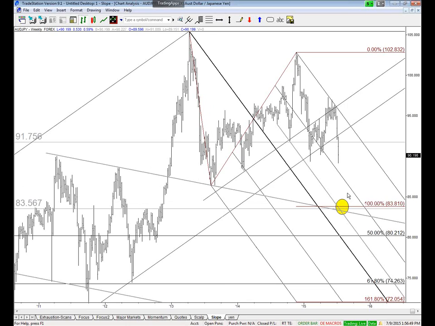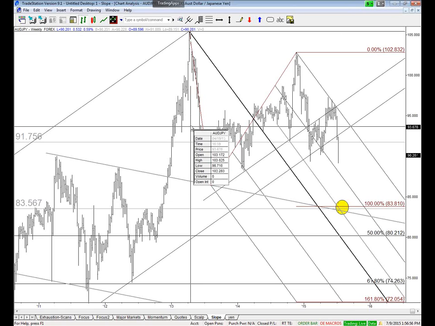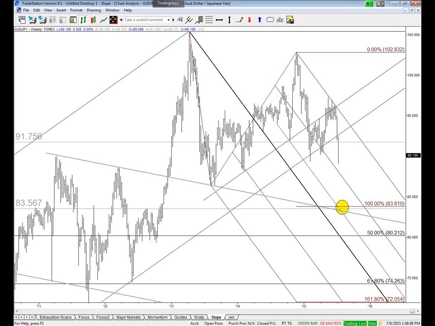I think if you get below there, you can probably try to squeeze it out for the 84 area, 83.80. Again, two equal legs down from the high in 2013. So I would check that out.